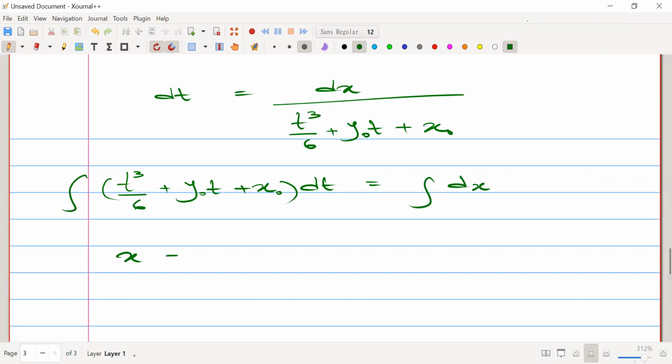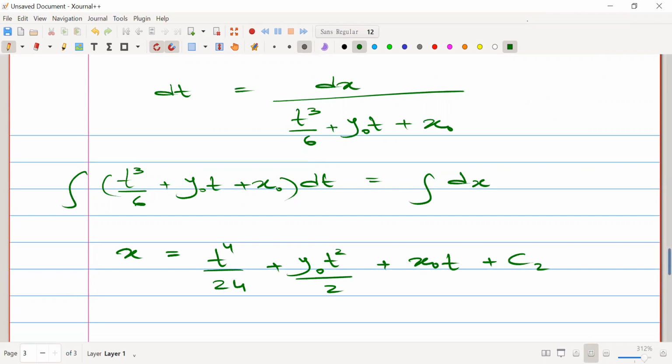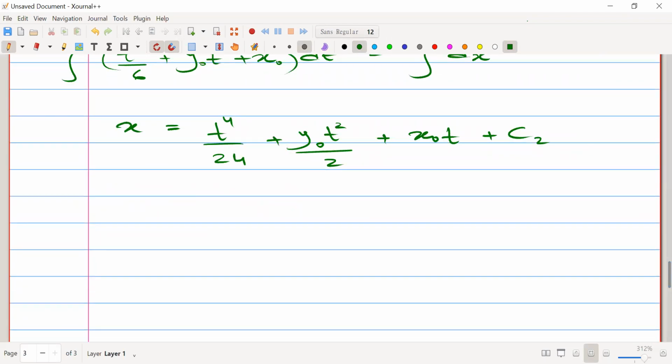So we will get x equals t to the power 4 over 24 plus y naught t squared over 2 plus x naught t plus, let's call it c2. Now we know that the initial condition for x is simply x of 0 equals x naught.